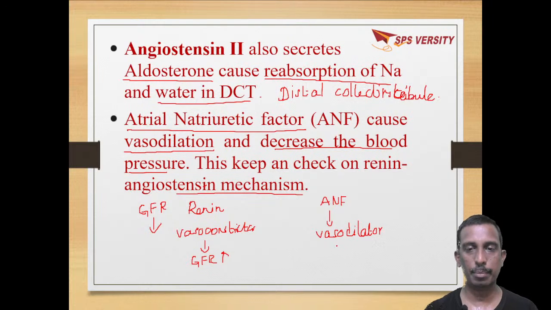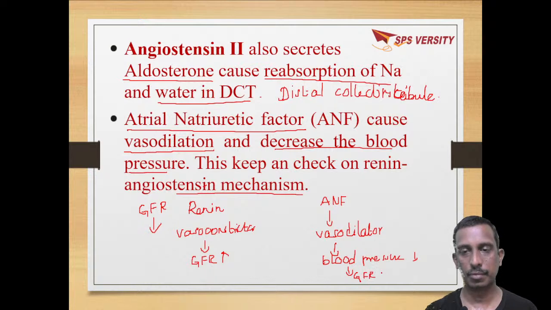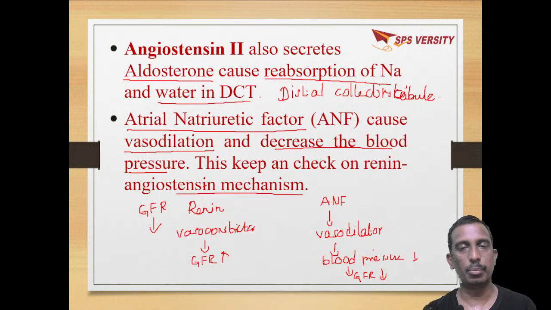Then the blood pressure decreases. When the blood pressure decreases, again the GFR will come down to normal. So this is how the Renin-Angiotensin mechanism works, and ANF is its opposite.